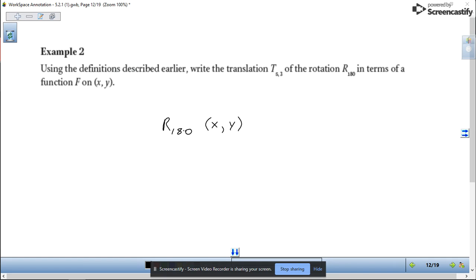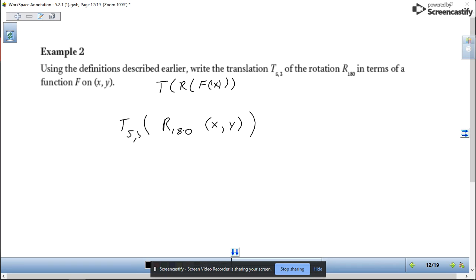So what we really have is T(5,3) of the rotation of f of x. In other words, T R f of x. That composition, we're putting multiple things together.